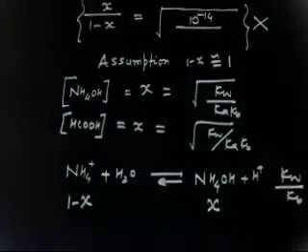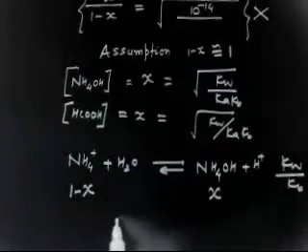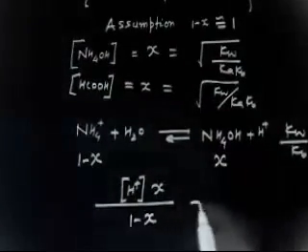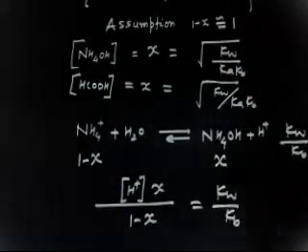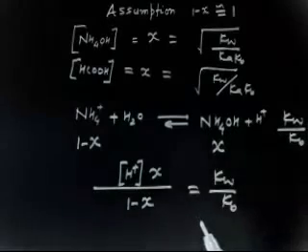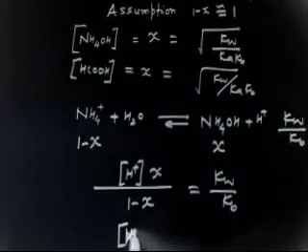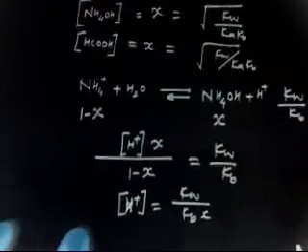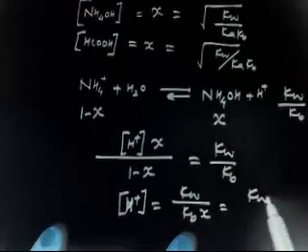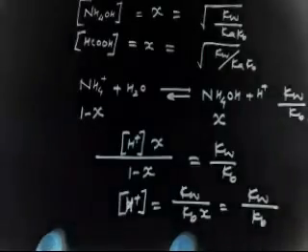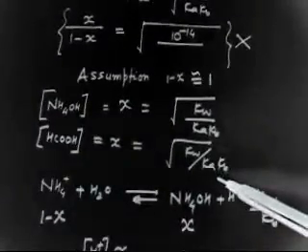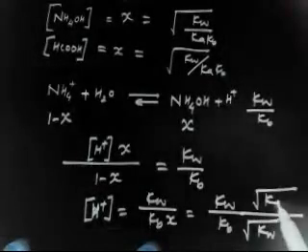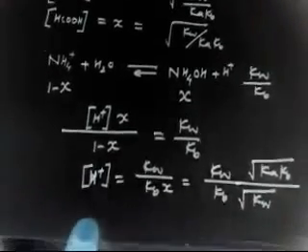So the concentration of H plus into x divided by 1 minus x equals Kw by Kb. I have already assumed that 1 minus x is equal to 1. So H plus is Kw by Kb by x, and the value of x I know, so you will have here under root Kw, under root Kb. Are you getting?